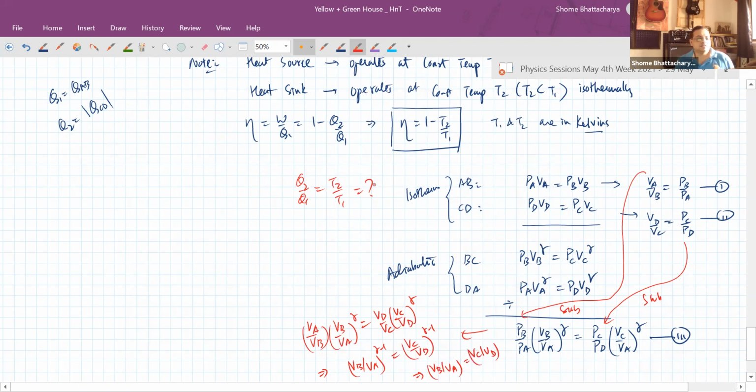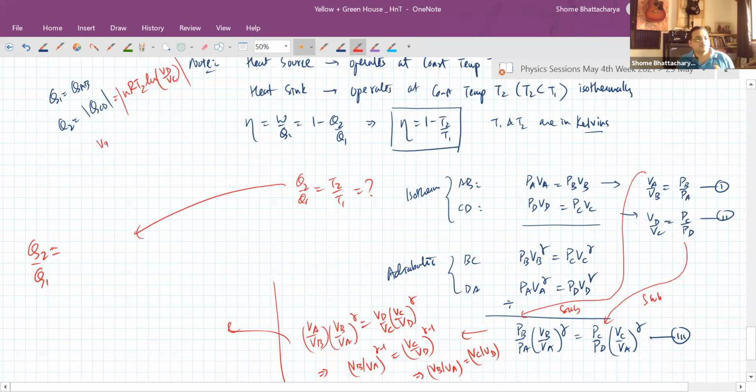Now, once we have this, the remaining part of the proof becomes very easy, because Q2 by Q1. Now Q2, as we had seen above, was the mod of QCD. So it is the mod of nRT2 ln of VD by VC.